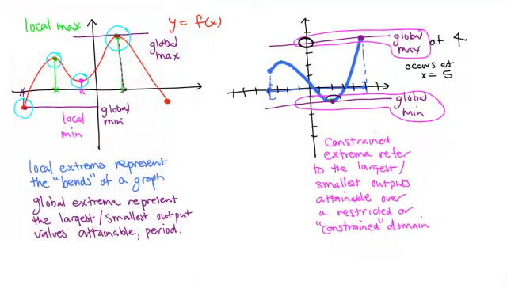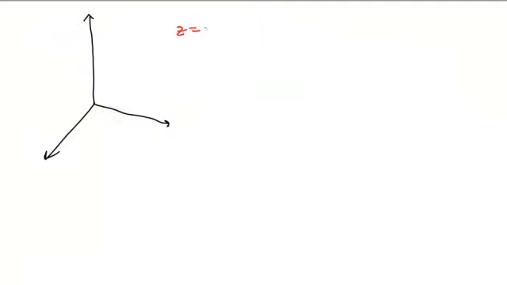On the other hand, this function would have a global minimum of negative 1.5, and it would occur at the value x equals 2. These ideas can be generalized immediately to functions of two variables. Imagine we had a function of two variables, say x squared plus y squared, which is the paraboloid, the cup that opens along the z-axis.